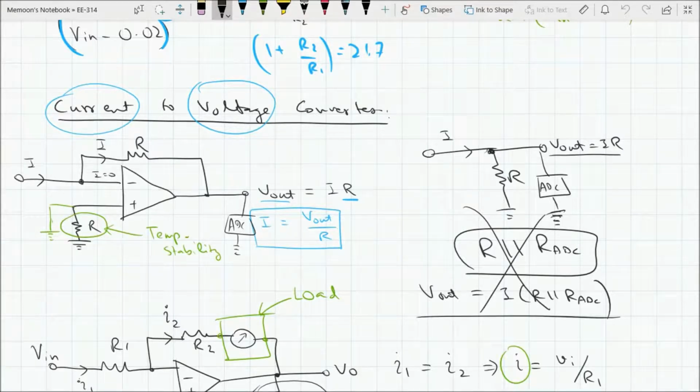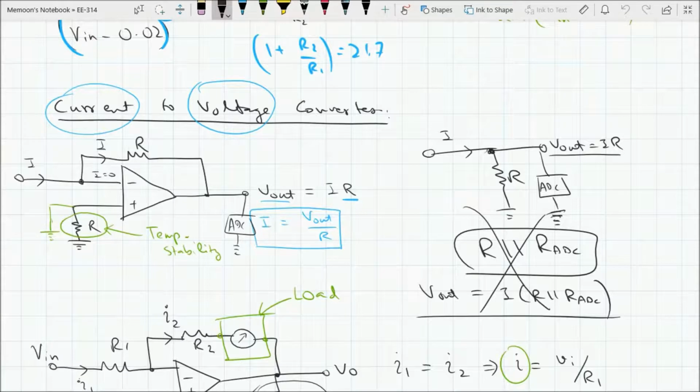Secondly, it is used in signal transmission. We discussed in our class that in industry the signal transmission standards are not based on voltages but rather currents. So whatever signal is there is converted into current, transmitted from one point to another point, and then converted back into voltage.